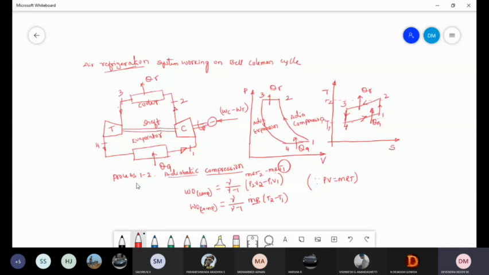I'll write here: process 2 to 3. What is process 2 to 3? Constant pressure heat rejection by the cooler or condenser.